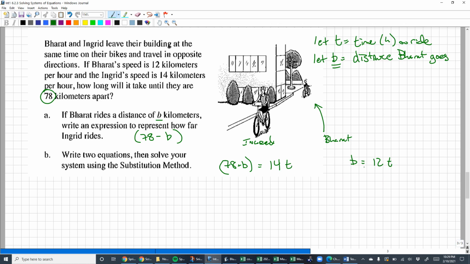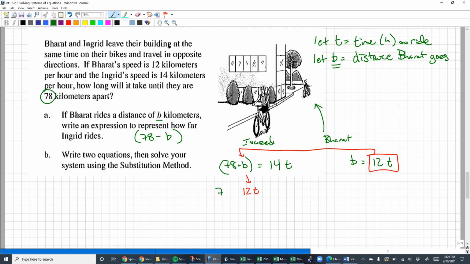And so what we're going to do right here is I have one of them that's already solved. I have b, and so I'm going to take that b and plug it in. So we have, instead of b in this equation, 12t. Now I'm going to put the other things around it.